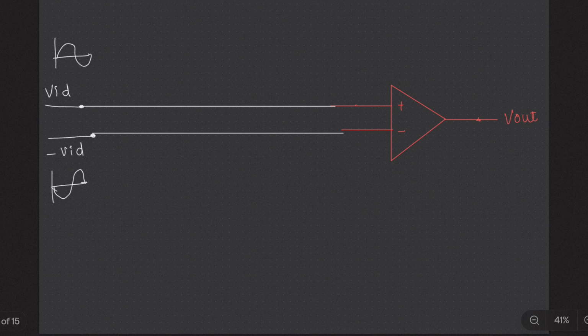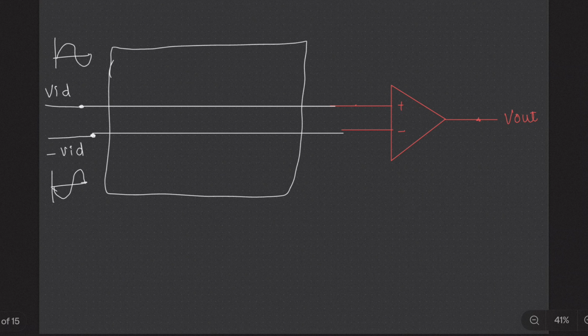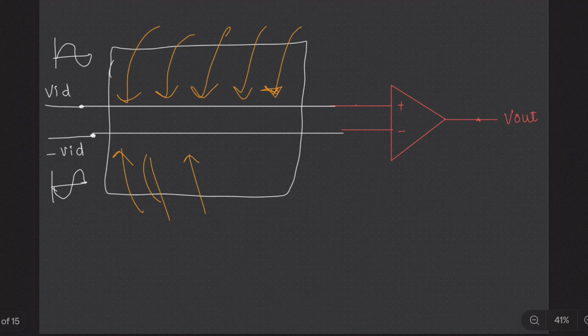So this is our transmitting location where this cable might interfere with other cables, and a temperature factor and all. The temperature and other factors will equally contribute to these cables. So the voltage which is getting generated across this cable as a noise is the same for both of these. That means the change in voltage, if it is plus del V or minus del V, will be the same.